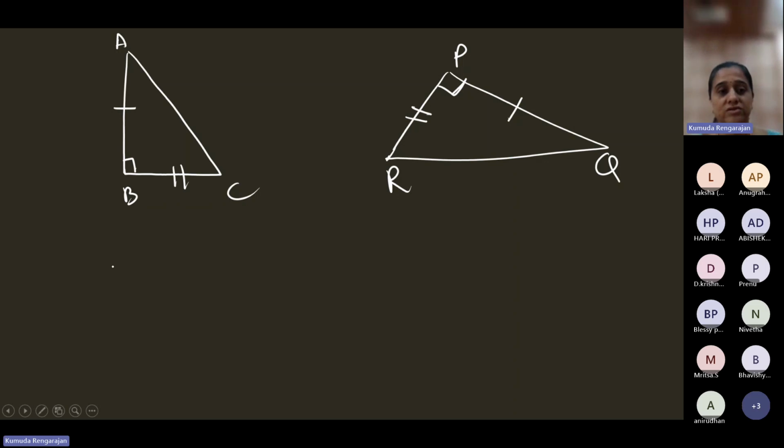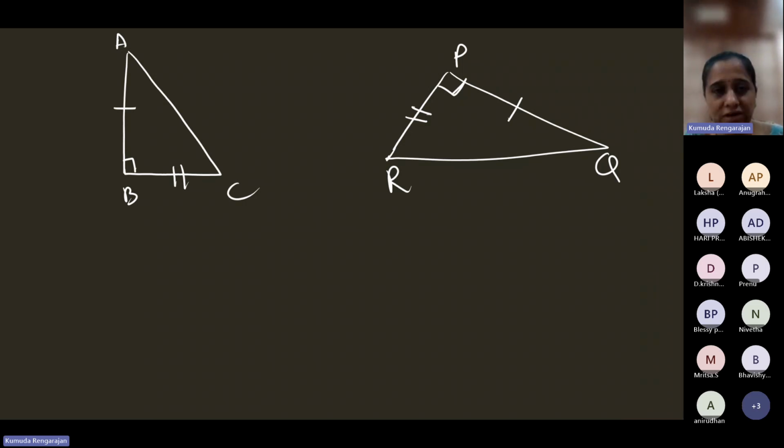You want to use RHS, but you cannot use it because the hypotenuse is not given to be equal. You can say that I can show it and all that, but you don't have to do that. Use whatever information is given and show that they are congruent.